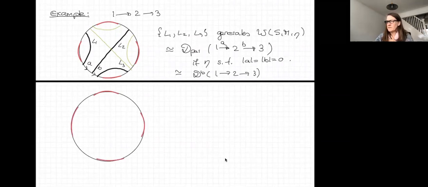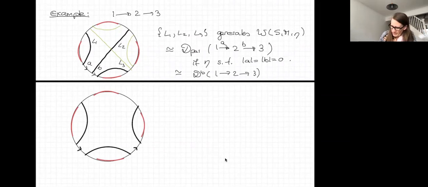So we could have chosen these generators, for example, this one here and this one here. So we still have that flow on the boundary. Let's call them L1, L2 and L3, and A and B.